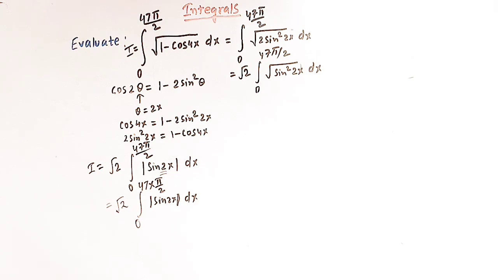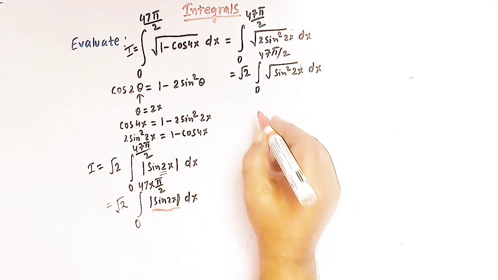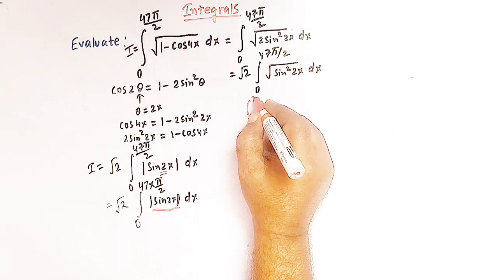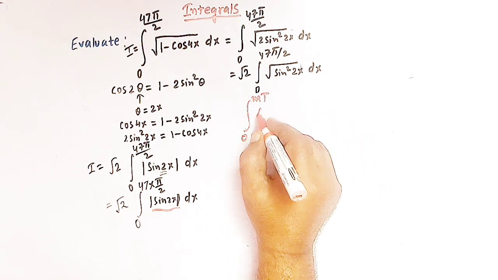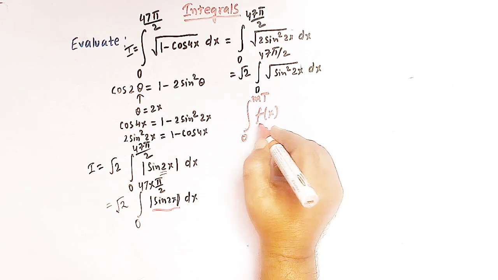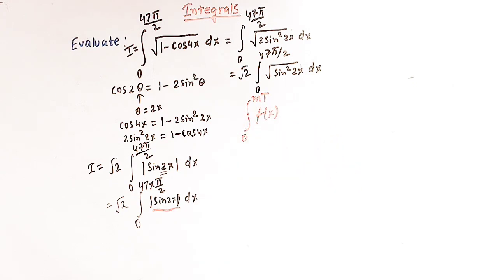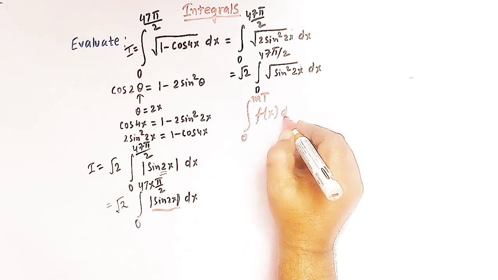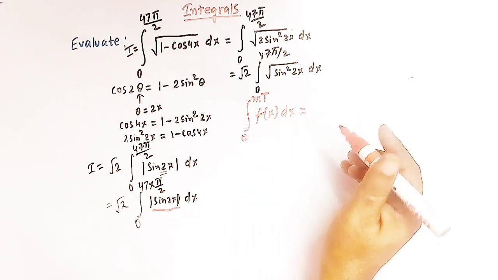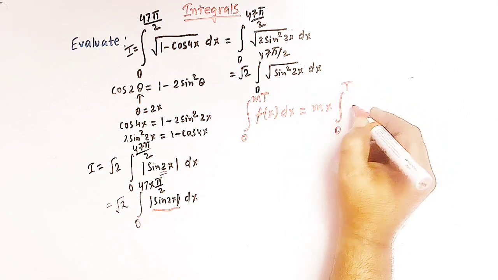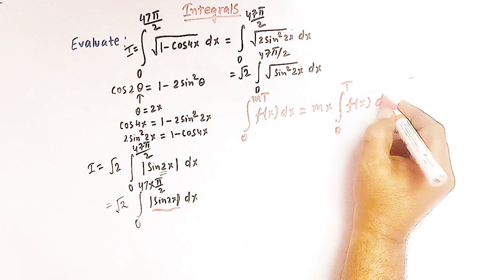Now let us make use of an important property of definite integrals involving periodic functions. If we have an integral from 0 to m times T, where f of x is a periodic function whose period is T, and m is some positive integer, then the value of this integral is given by m times the integral from 0 to T of f of x dx.